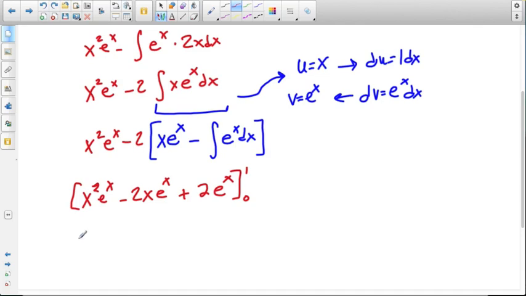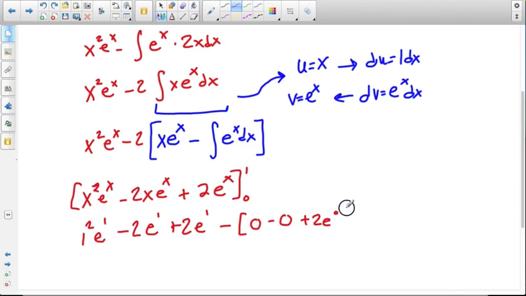Putting in our upper and lower bounds, we have 1 squared e to the first power minus 2 times e to the first power plus 2 times e to the first power minus, in parentheses here, putting in 0 gets us 0 there, gets us 0 here, plus 2e to the 0.